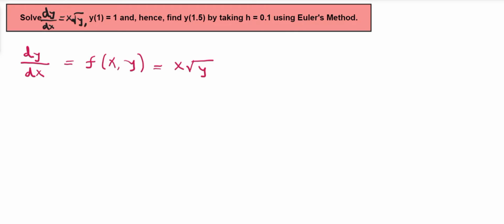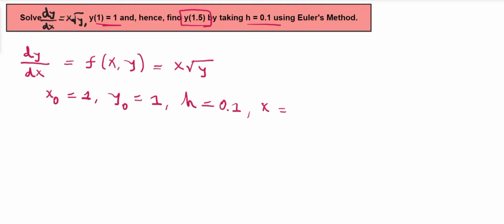Then we have y(1) = 1, which means x0 = 1 and y0 = 1. And we have h = 0.1. We need to find y(1.5), which means x is given to us as 1.5.